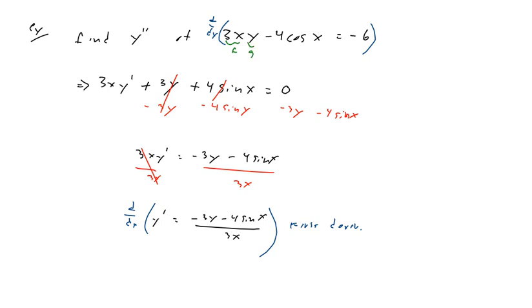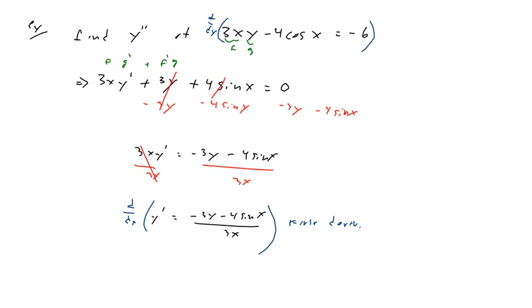So this is f g prime plus g f prime. Little product rule.